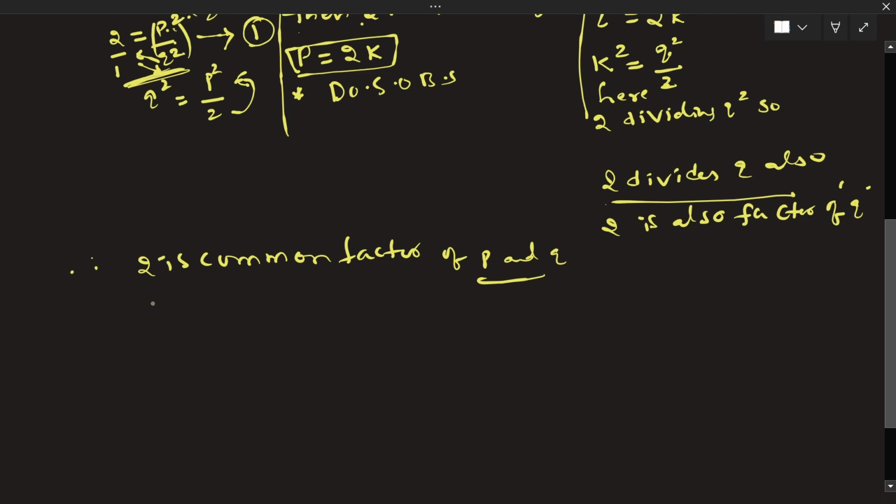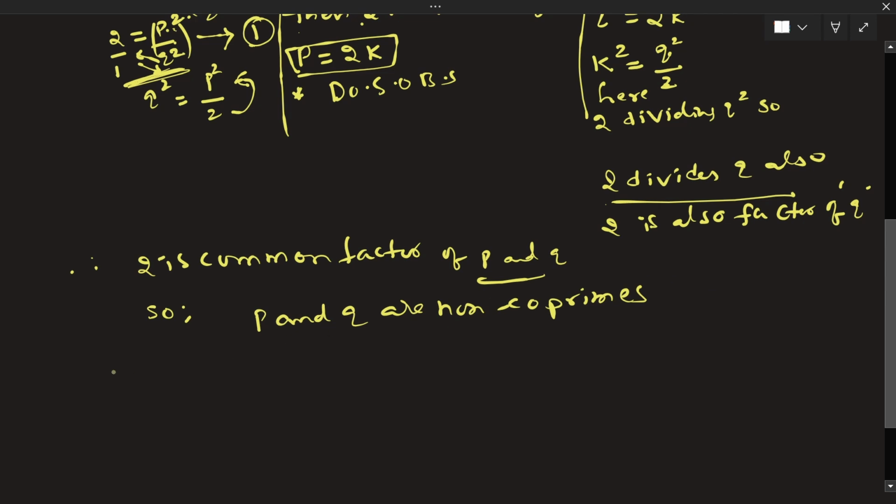So we can say that 2 is a common factor of p and q, means p and q are non-co-primes. So we are getting a contradiction statement at the end.